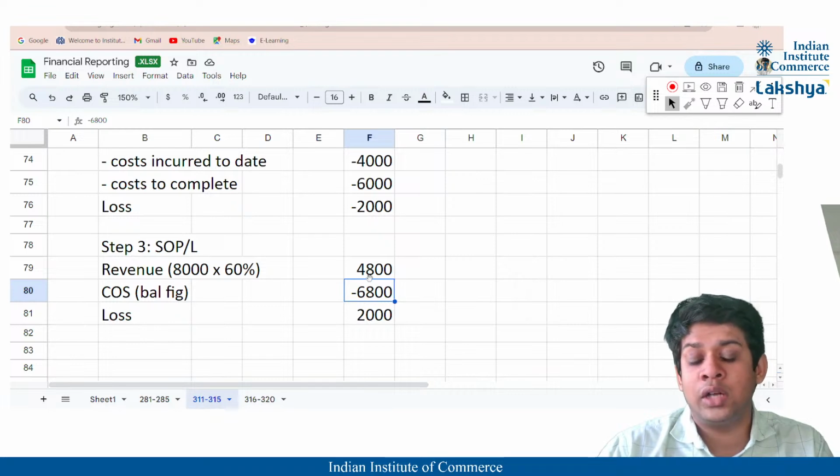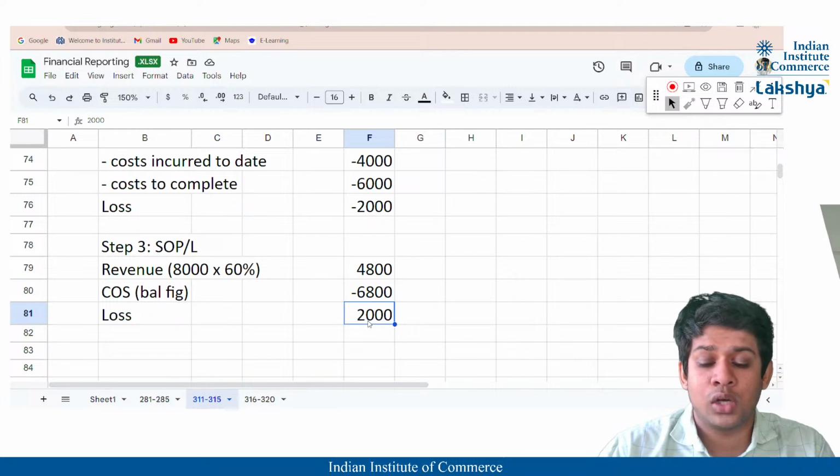If my cost of sales is 6,800 and revenue is 4,800, then only I'll get the loss of 2,000, correct? So our cost of sales will be directly the balancing figure of 6,800. So we will get a loss of 2,000, which will be recognized immediately.